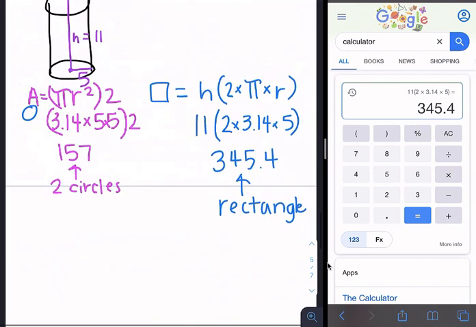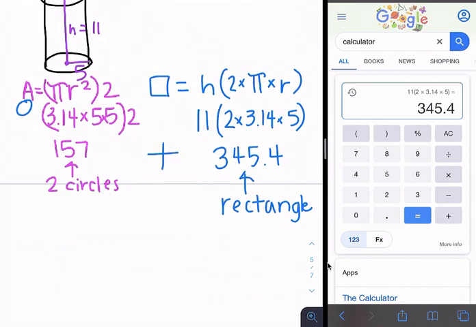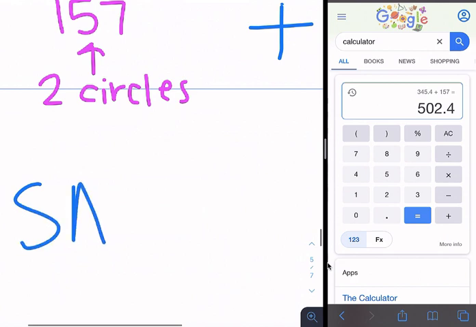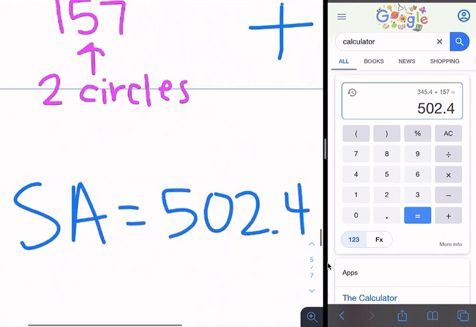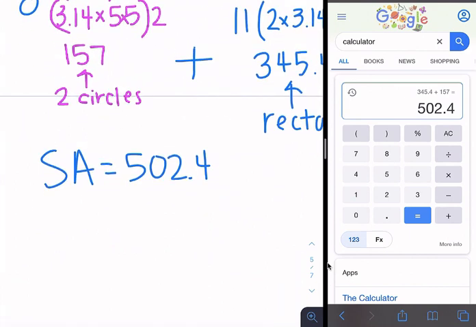Now, we have to add these two together. So I already have the 345.4 typed in. I'm going to add my 157, and my total surface area is 502.4. So to review, to find my surface area, I take the area of those 2 circles.